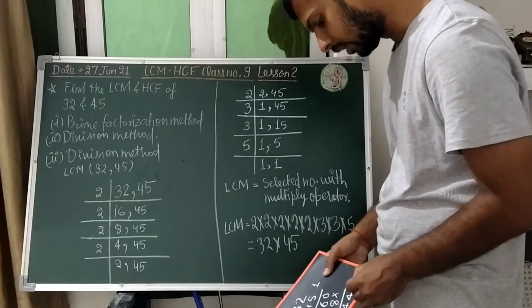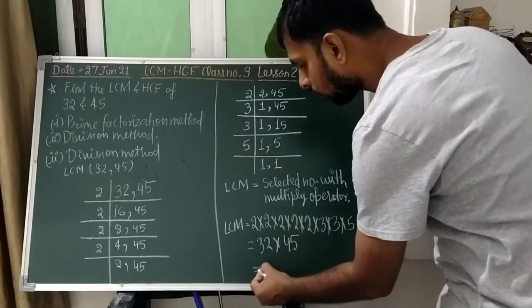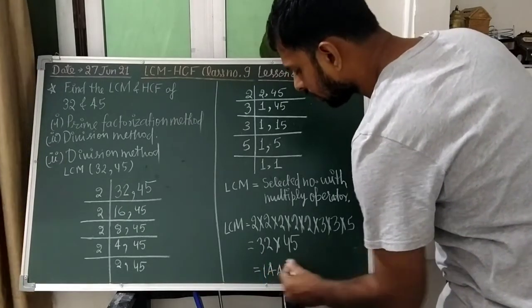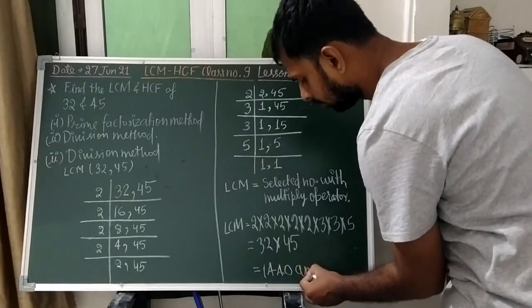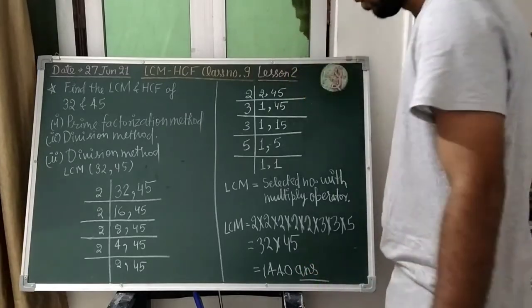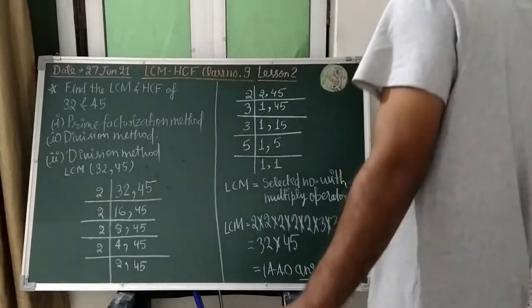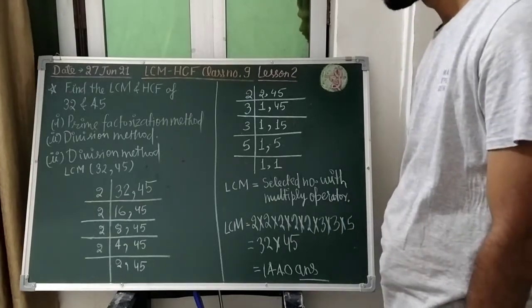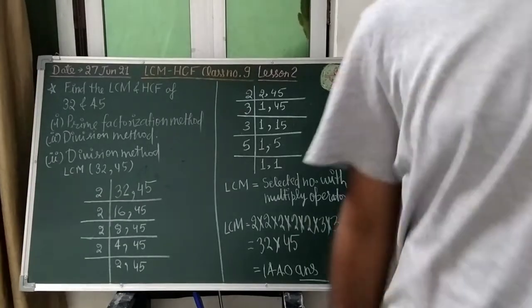This one is 1. So we will get 1, 4, 4, 0 as our LCM. So our LCM will be 1, 4, 4, 0. Okay, students? So write up to here first.